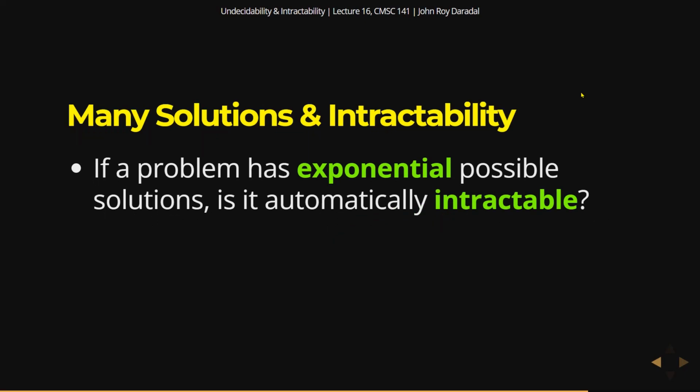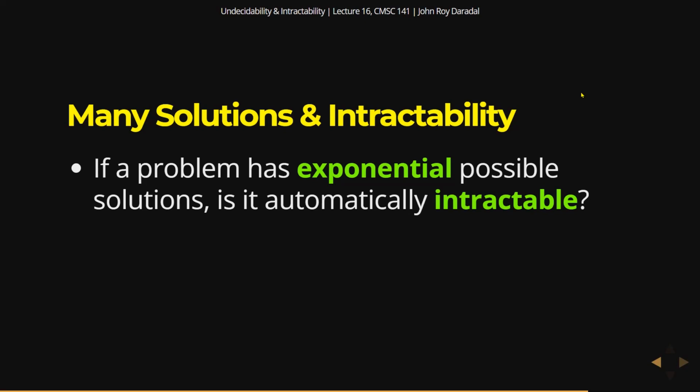So let's take a step back first and figure out what it means to be intractable. If your problem has an exponential number of possible solutions, so you have a lot of possible solutions, just like what we had in the three problems that we had for Alice, Bob, and Carol.